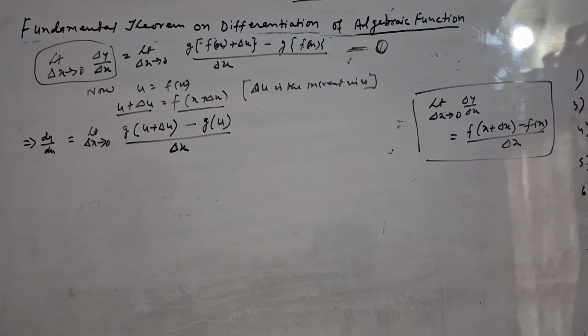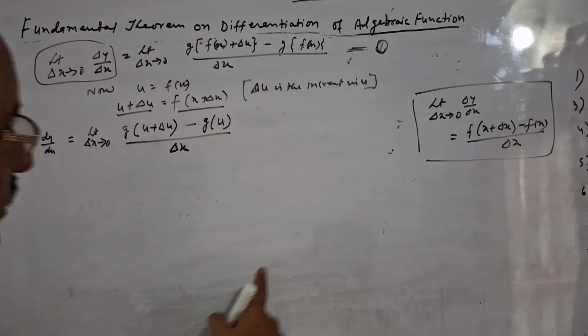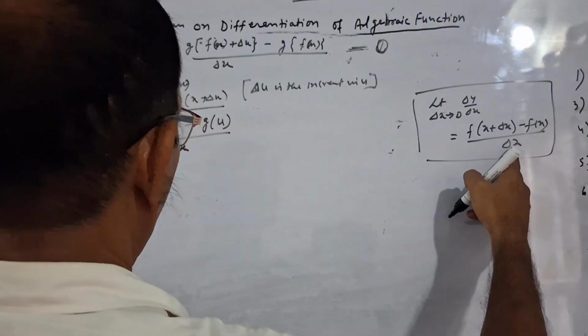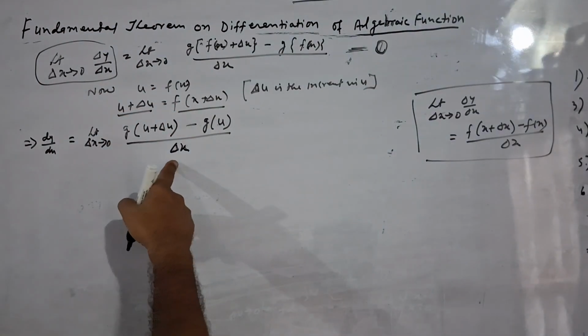Now what do we require? In place of x, we require u, delta u here.